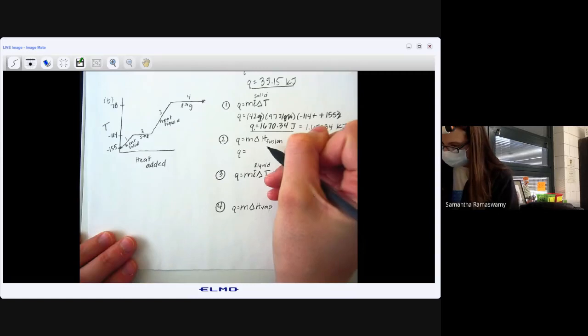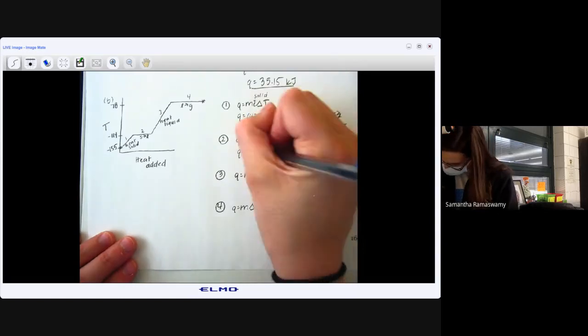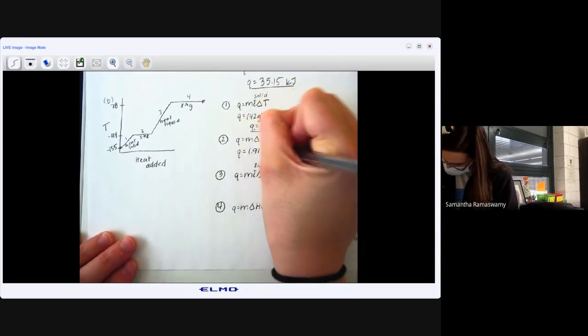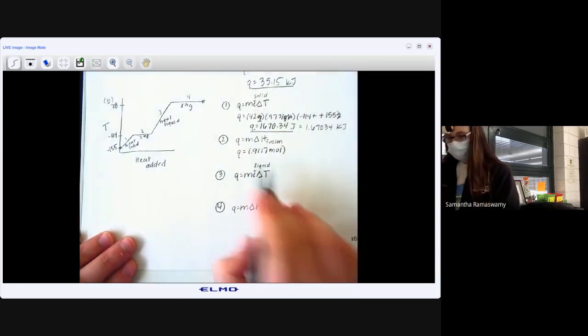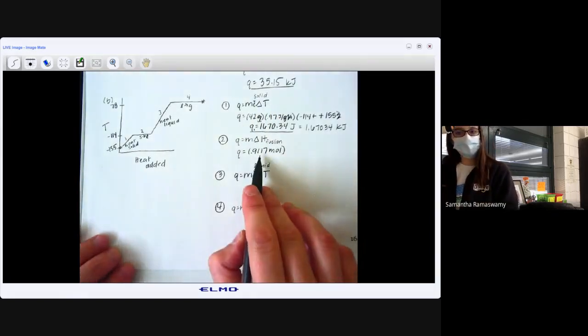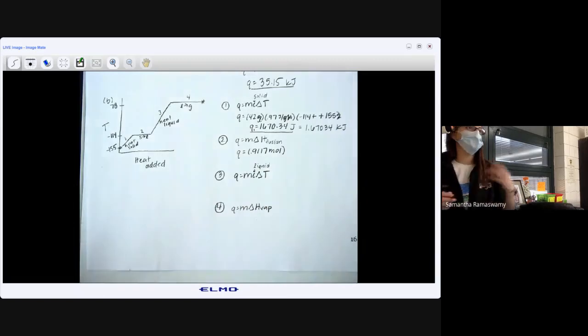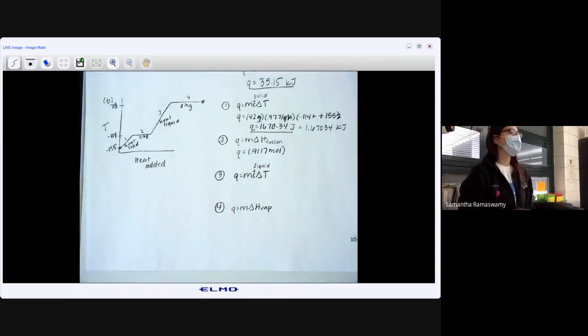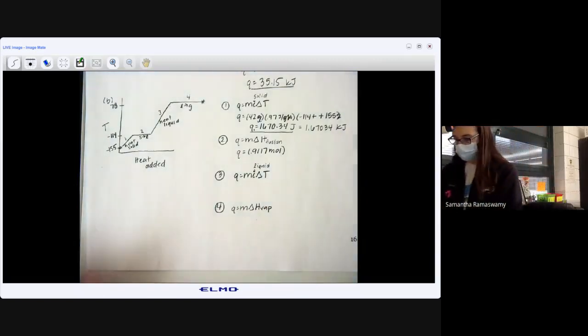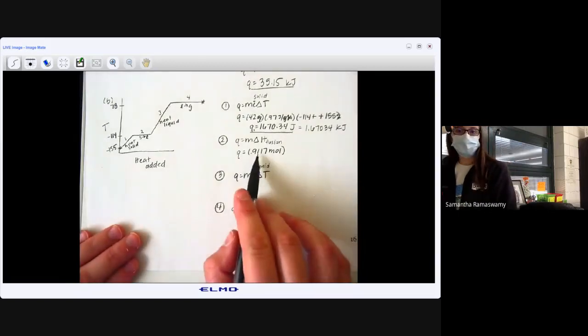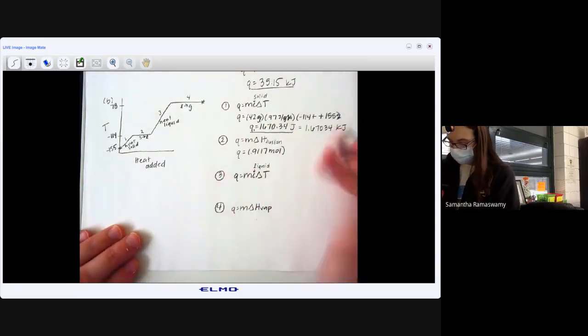Heat of fusion, kilojoules per mole. I'm just using the same calculation that we did before in part A, because it's the same amount of ethanol, so it's the same number of moles of ethanol. So I'm using this 0.9117 from part A.